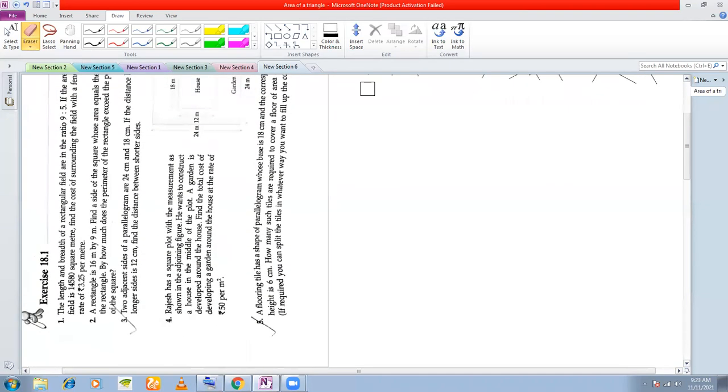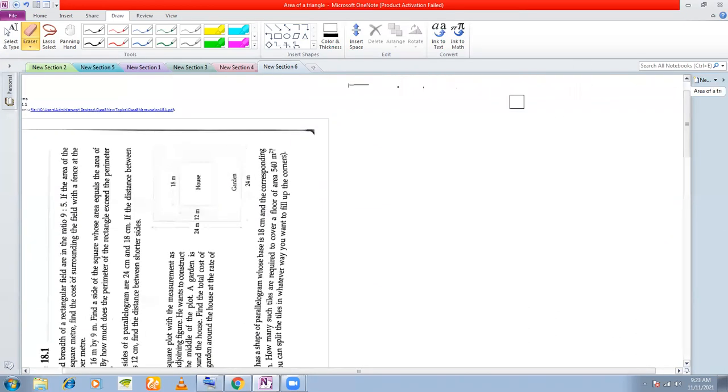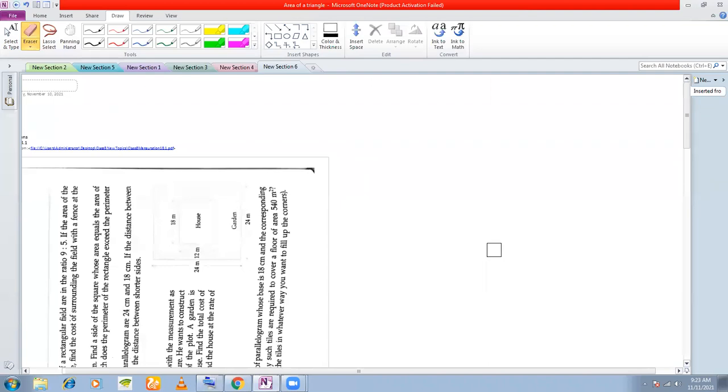Okay. So if I give you a triangle and if I give you all the 3 sides of the triangle, how will you find out the perimeter? Suppose if I give you a triangle, and let's say if I give you the length of AB to be c, small c, length of BC to be small a, and length of AC to be b, then what is the perimeter of this?